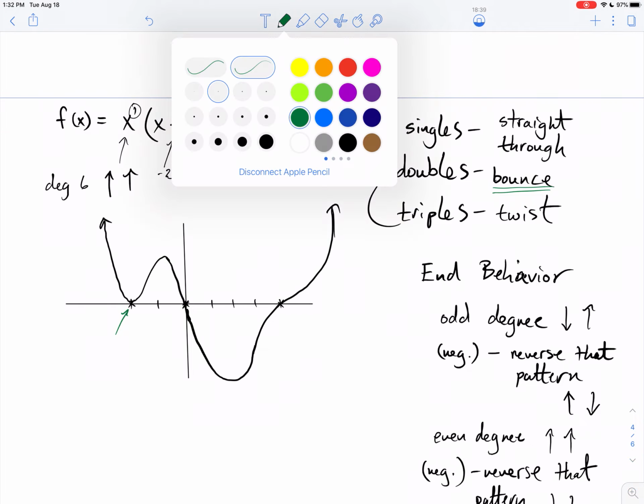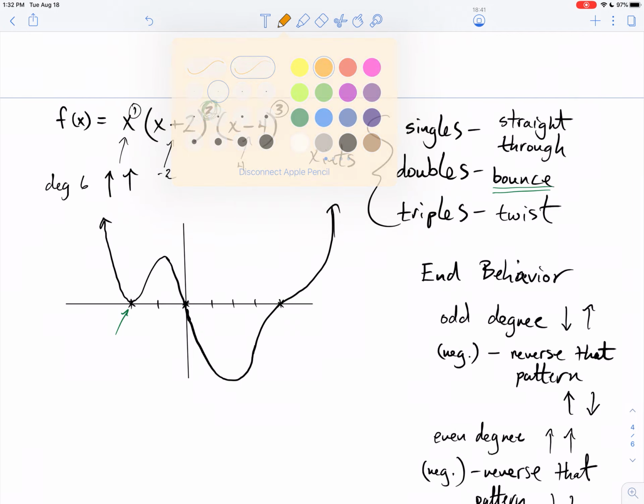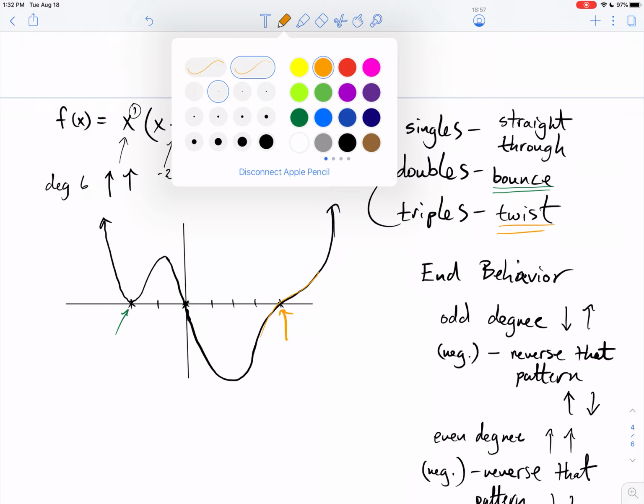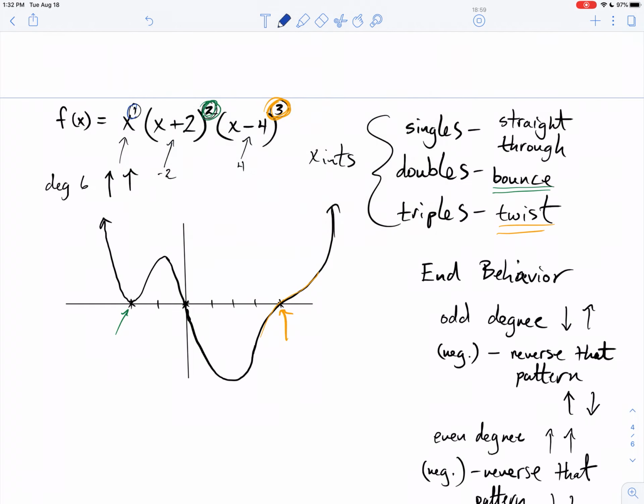When it's a third power, that's this one right here, it's going to twist through that location. It's got some curvature to it. And then, of course, my first power, which I didn't mention at the beginning, just goes straight through. There's no fancy stuff there. It just cuts right through the middle.